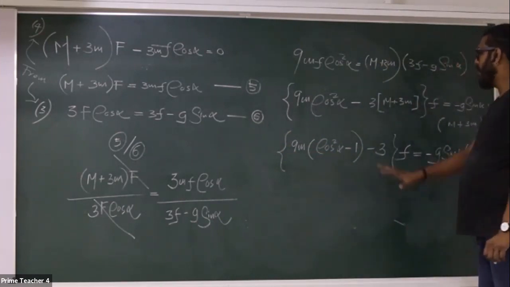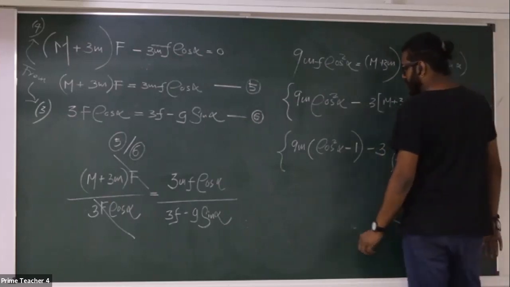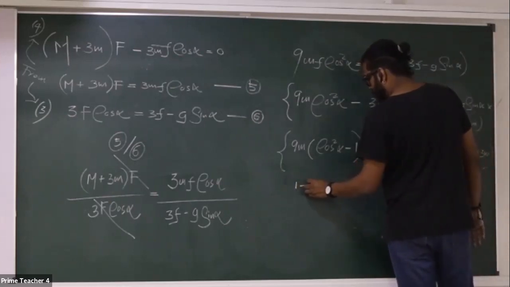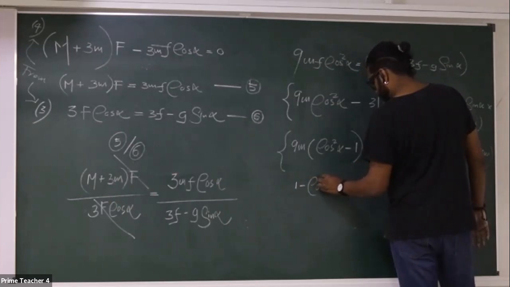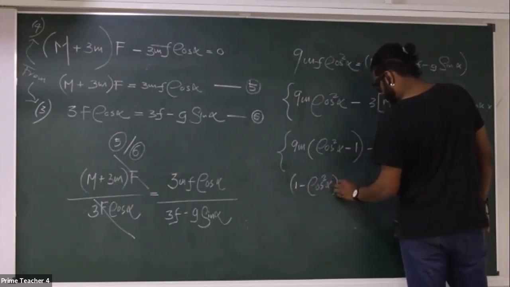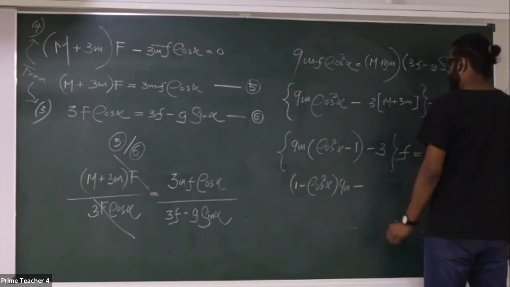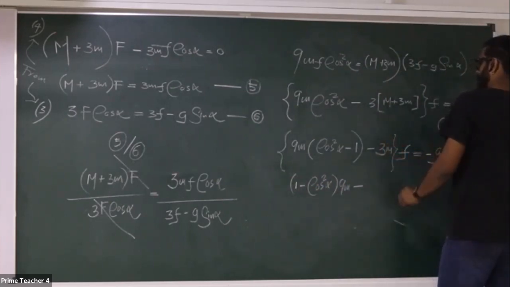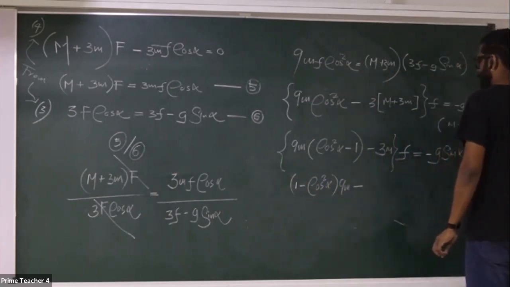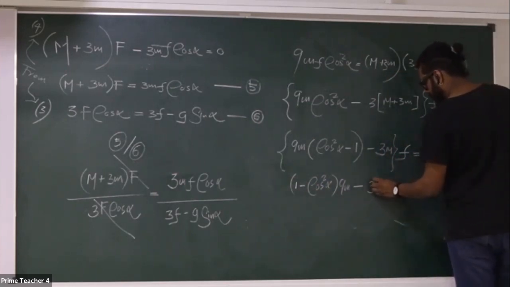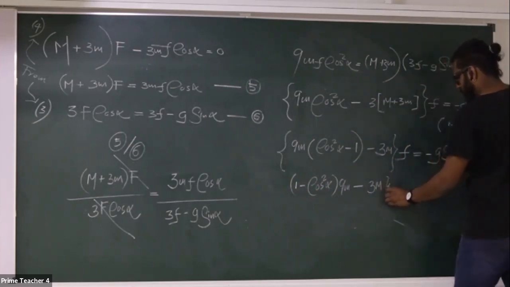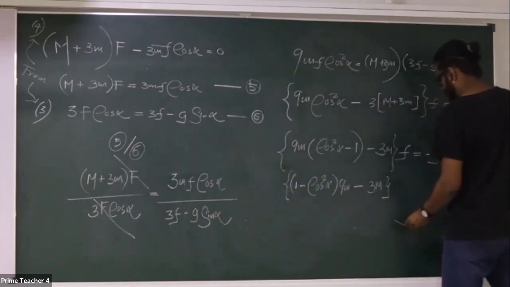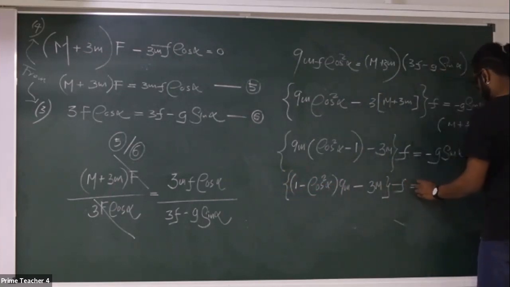So let's multiply all these terms by minus 1. So we get 1 minus cos squared alpha times 3m minus, this consists of capital M, by the way. Now the negative vanishes.